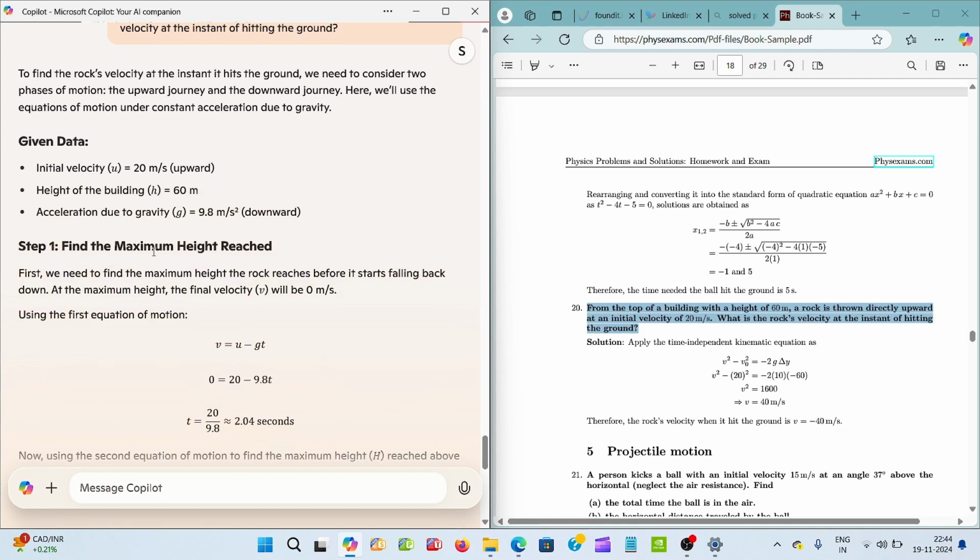First step is to find the maximum height reached by the rock. Using the equation of motion v equals u minus gt, 0 equals 20 minus 9.8t, so t is 20 upon 9.8, that is 2.04 seconds.